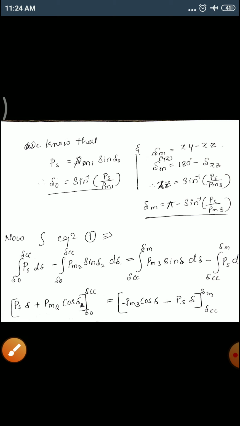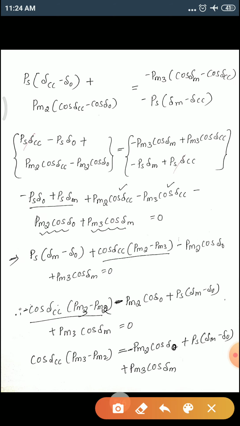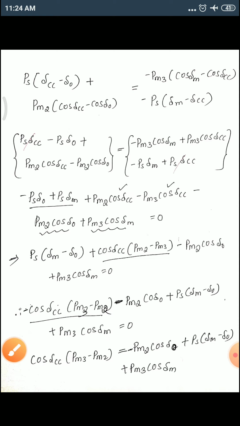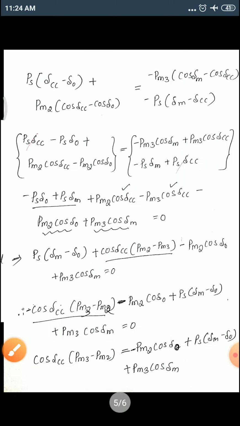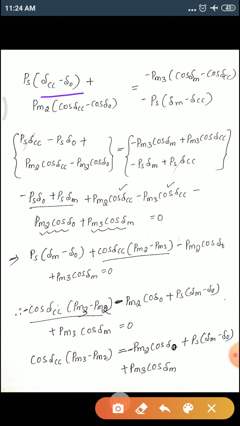Substitute its limits now. In this PS, the first one, PS you keep as it is, and in delta you substitute the upper limit minus lower limit, that is PS into delta cc minus delta naught, plus PM2 cos angle, cos of upper limit minus cos of lower limit.